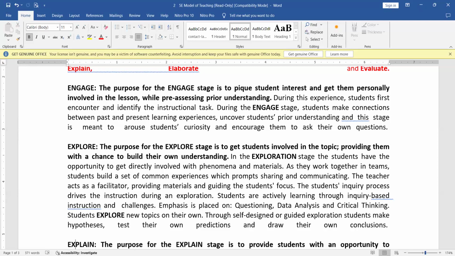Both my father and mother spend a lot of time doing gardening. My siblings help them with gardening. I also help my father and mother in gardening. Like that, S form and base form are used.